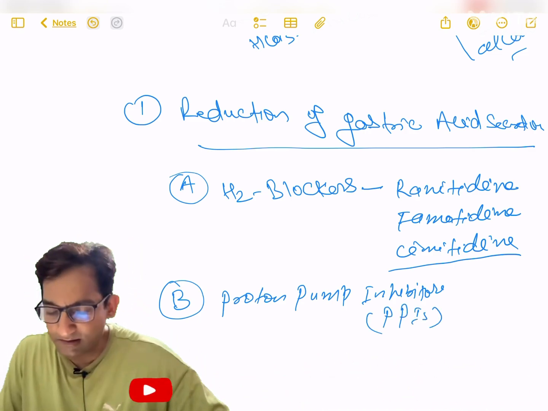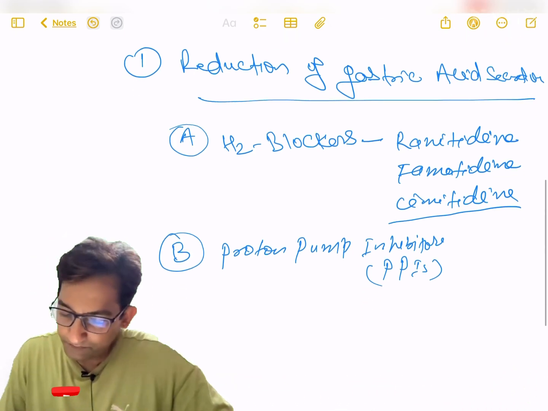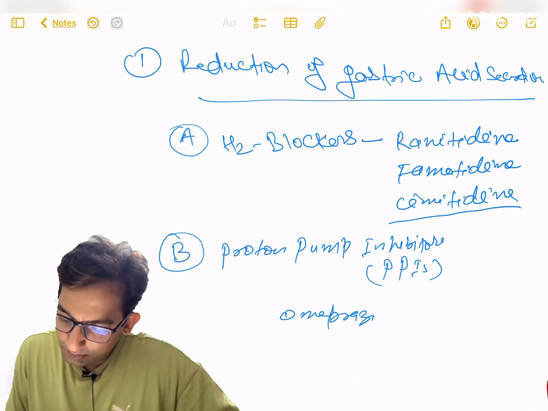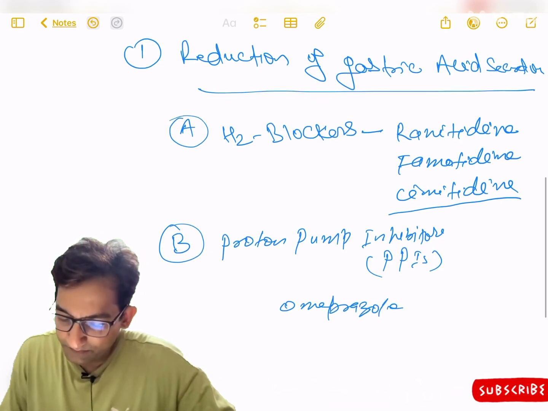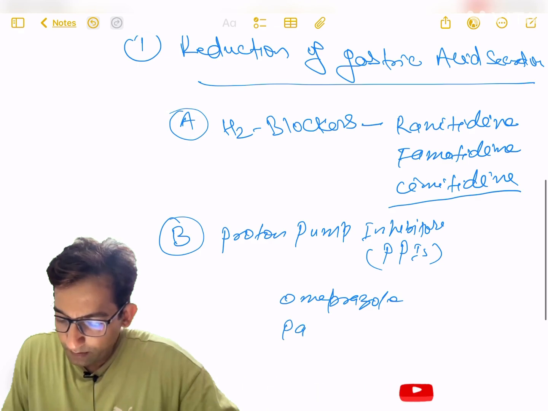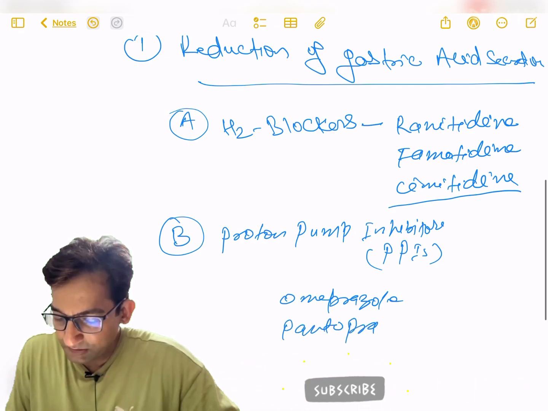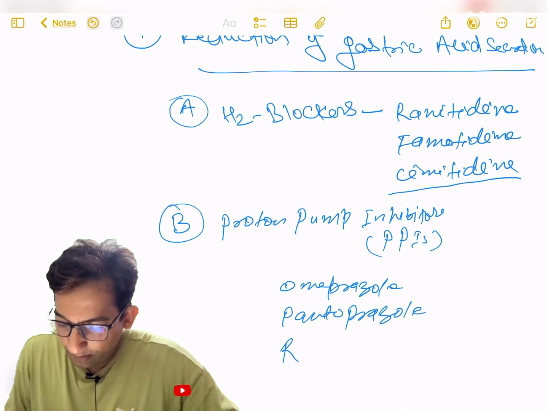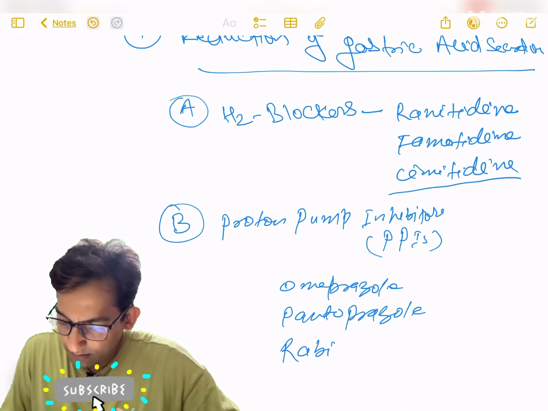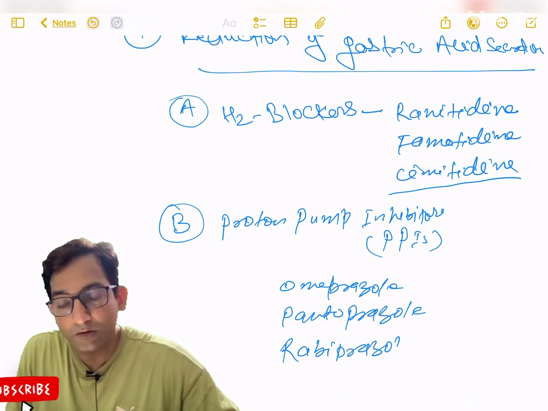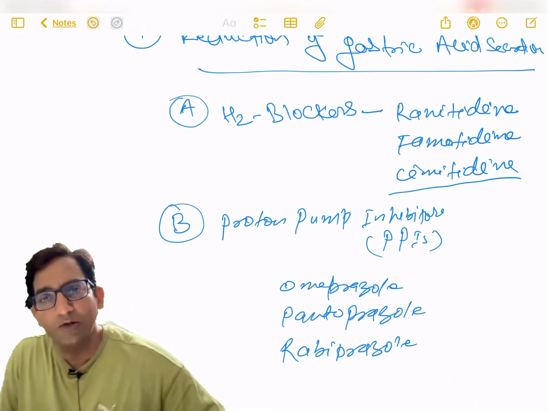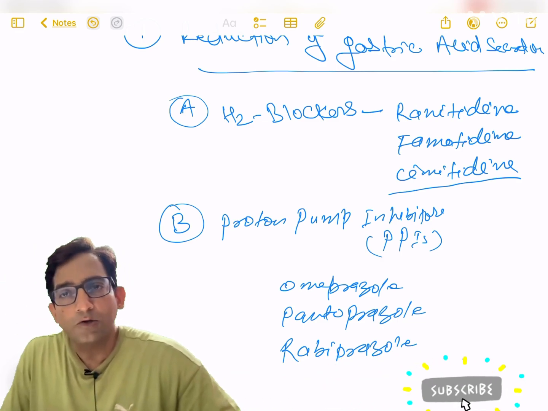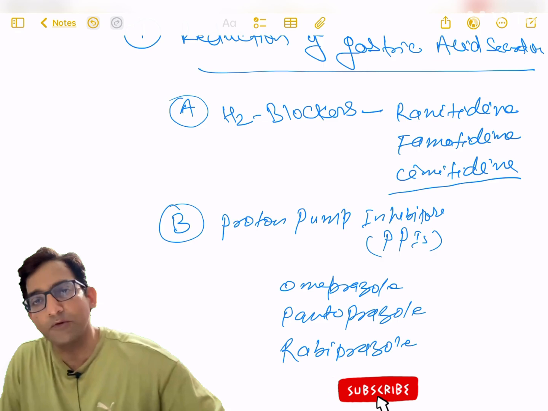Examples of PPIs are, first, omeprazole, second, pantoprazole, and next, rabeprazole. Omeprazole is nowadays widely used at 20 to 40 milligrams, pantoprazole we also use at 20 to 40 milligrams, and rabeprazole also we use.